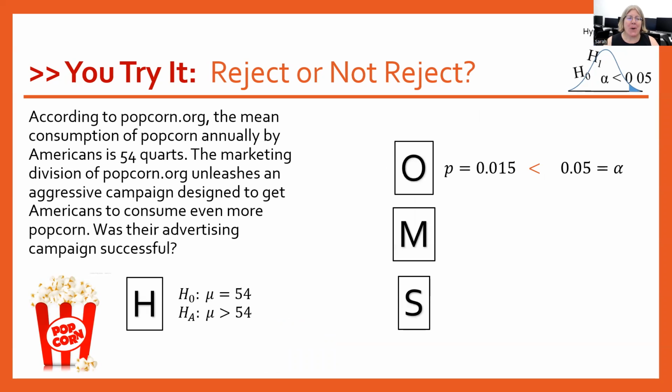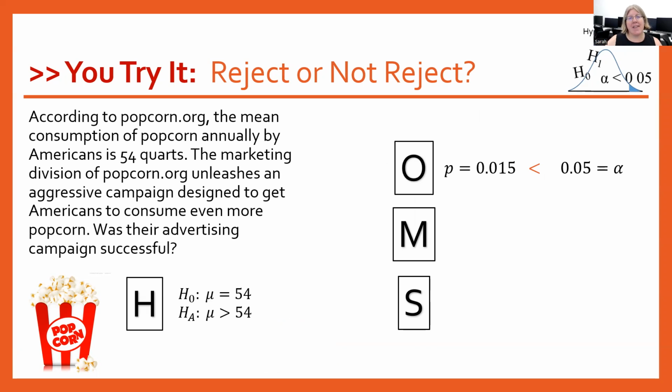According to popcorn.org, the mean consumption of popcorn annually by Americans is 54 quarts. The marketing division of popcorn.org unleashes an aggressive campaign designed to get Americans to consume even more popcorn. Was their campaign successful? Again, our null was mu is equal to 54, and our alternative is mu is greater than 54.